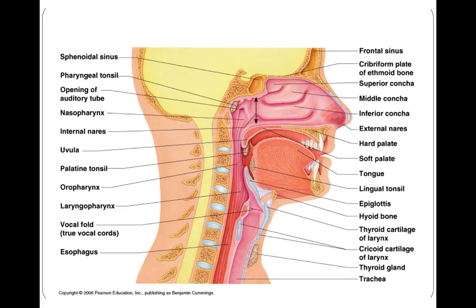Getting a closer look at that, again, you can see the palate here. The concha, you can see those inside of the nose. We're going to talk about those later. Here are my adenoids, and they talk about that when you get a lot of ear infections, they take those adenoids out.